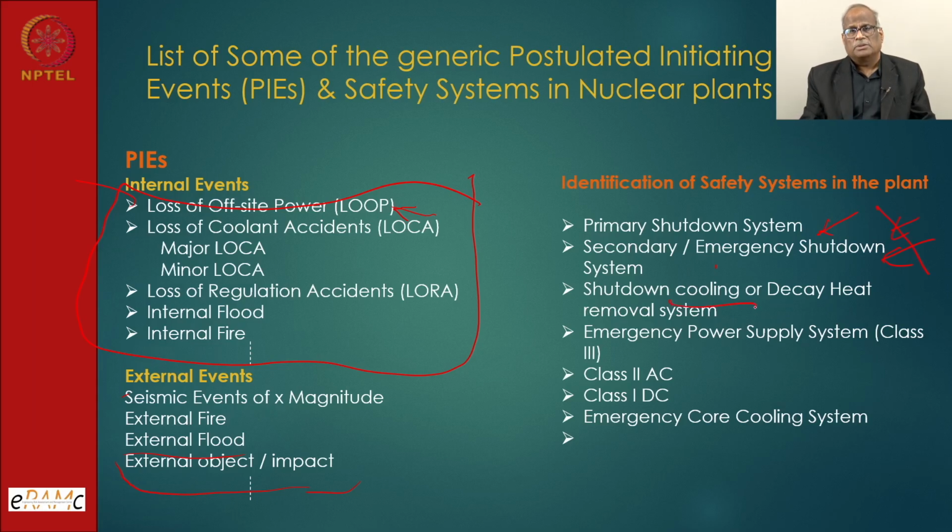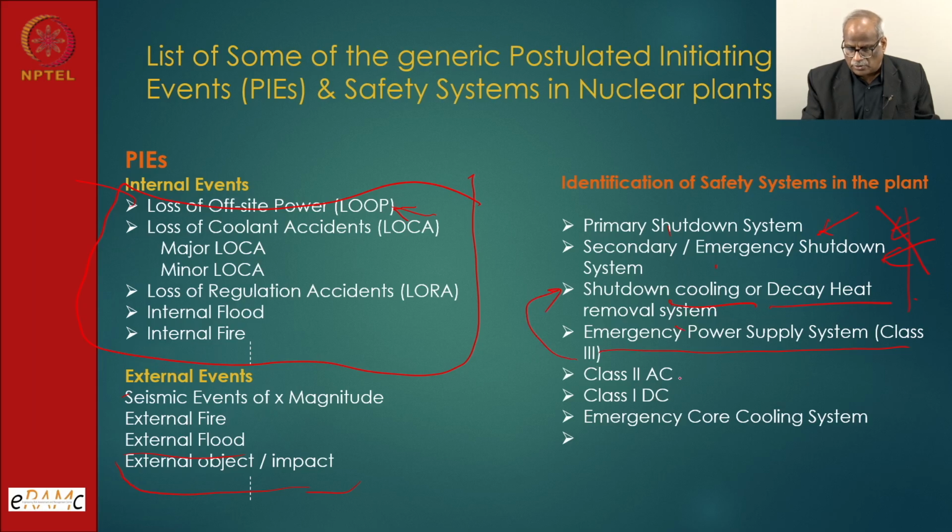So now, for example, take loss of offsite power. Power supply is cut off, the major power supply is cut off, so the plant has tripped or shut down. But still it keeps producing decay heat. So for removing the decay heat, the shutdown cooling system is there. Suppose there is any problem here, then the emergency power supply system is there, acting as a source for systems like the cooling system and all that.